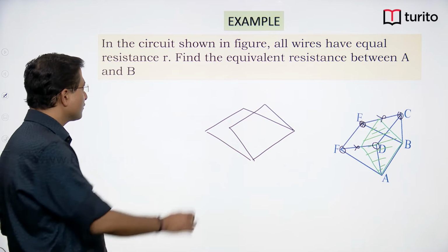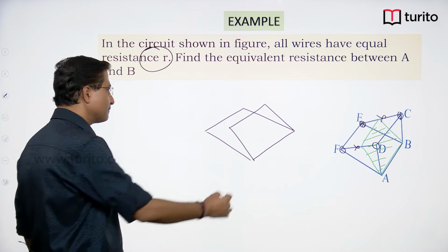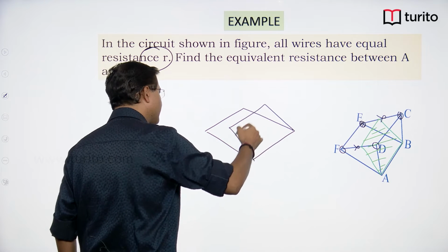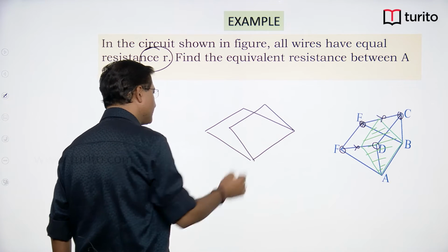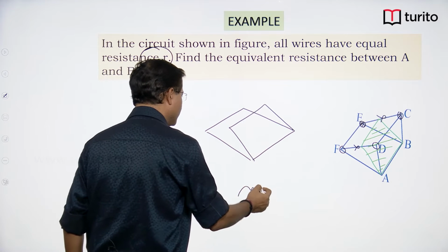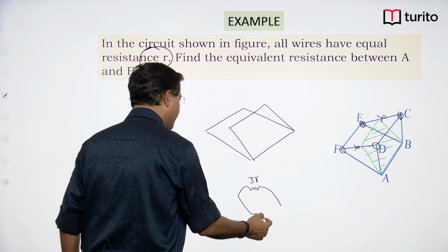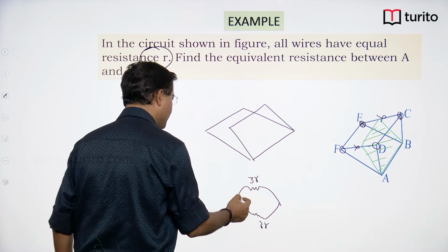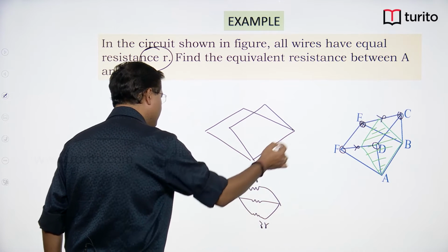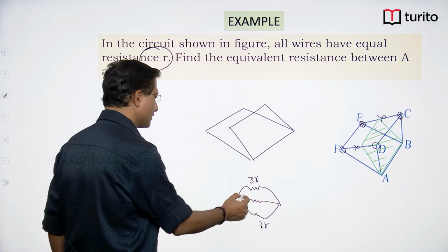All are of resistance R. If all are of resistance R, this is R, they are connected in series. This is 3R. Similarly 3R, and this is R. So this one is 3R, and then the one which is directly connecting AB is R.